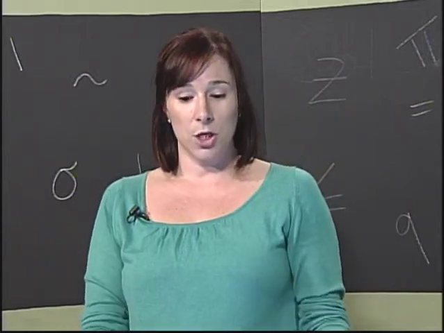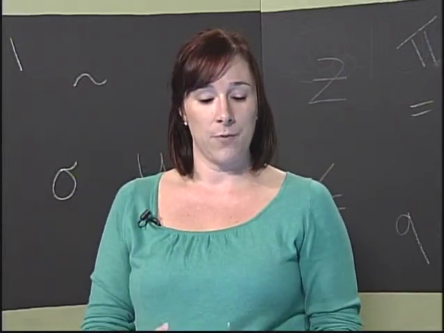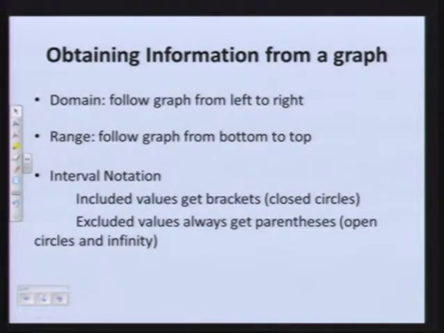So if we look at what we have here on the PowerPoint, for domain, we want to follow the graph from the left to the right. Why left to right? Well, it's very important when you look at a graph, you always have to follow it in the same manner. So we're going to treat it kind of like a number line. The left is negative infinity, the right is positive infinity.